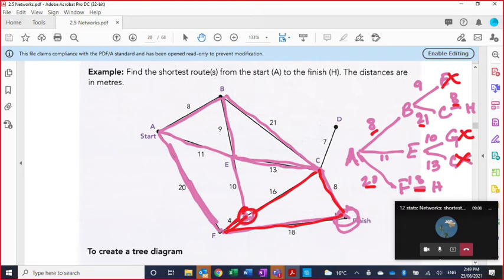So we have 8 and 21. So 29 plus that makes 37. And here we have 20 and 18, so that's 38. So our shortest path is there. And to answer the question, you need to label the pathway and give its weight.